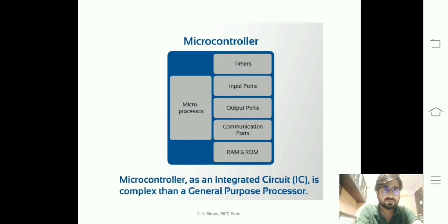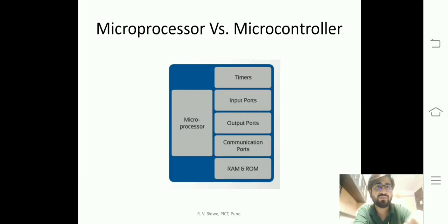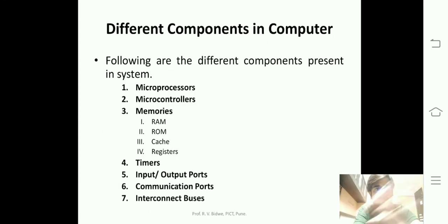When we talk about a controller, all these things are combined together in a single chip. When we talk about a processor, for everything we will have a different chip. So the main difference between processor and controller is that a processor does multiple tasks and all important tasks, while a controller performs a specific task and secondary tasks.